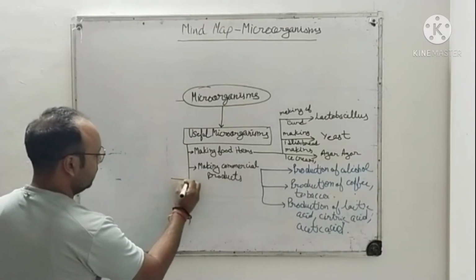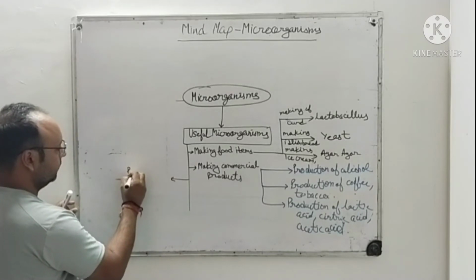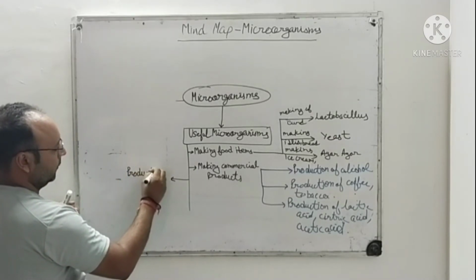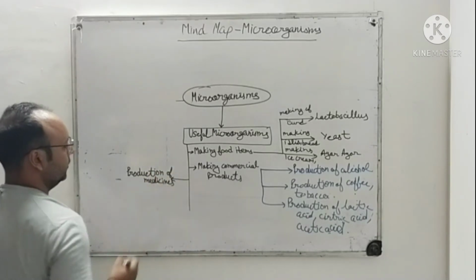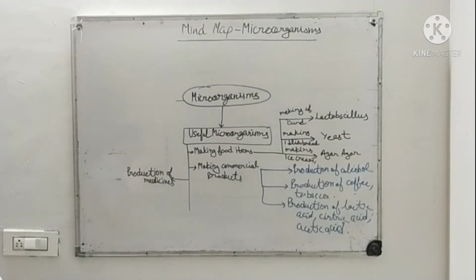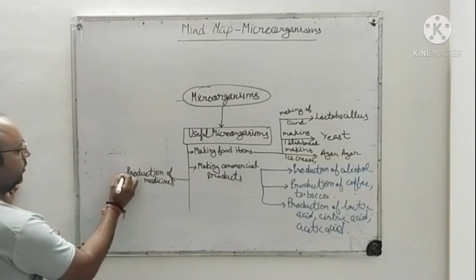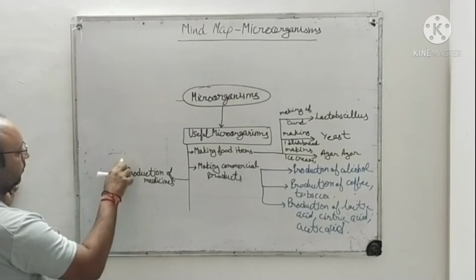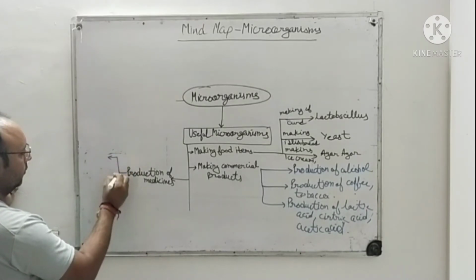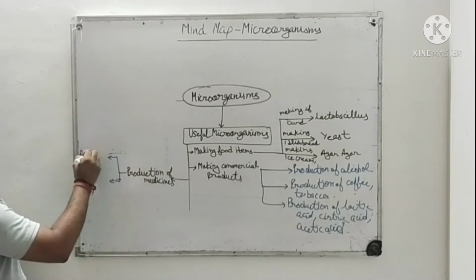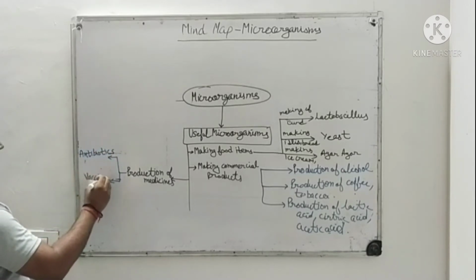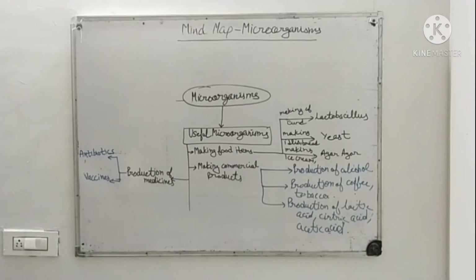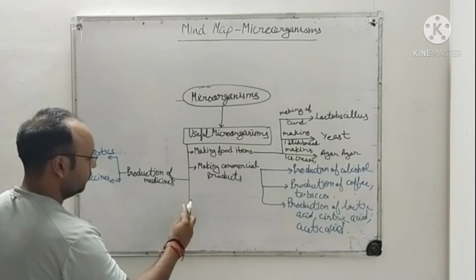Next use is production of medicines. Now if we talk about production of medicines, we know that there are further two. Which two medicines? Antibiotics and vaccines, right? Then next use is increasing soil fertility.